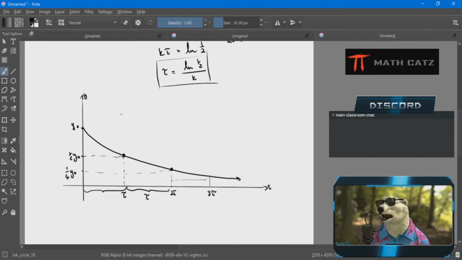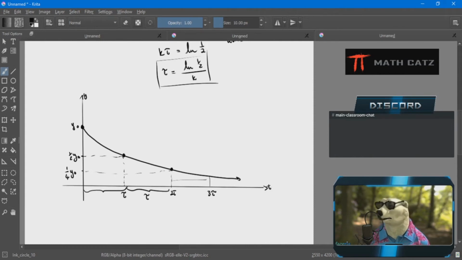So the half-life is another way of indicating how this decay process is happening. It's not connected to how much I have, but rather a proportional decrease from whatever I have relative to the amount that I had.